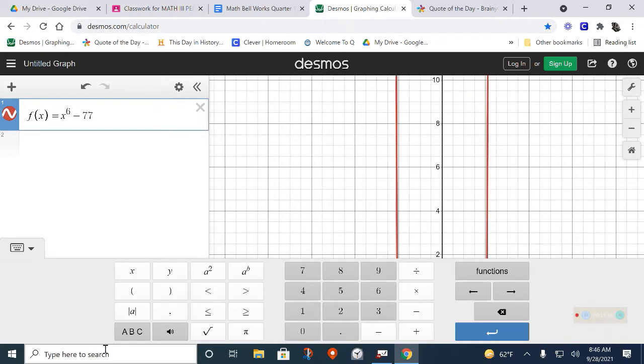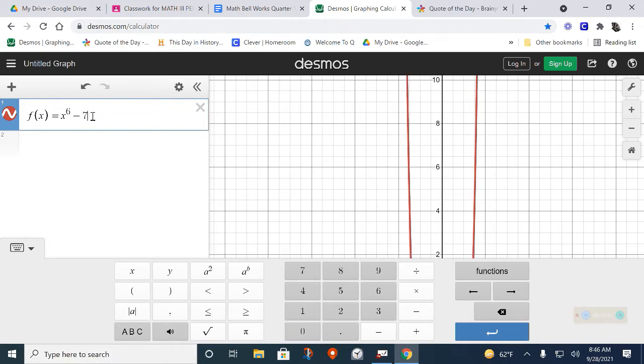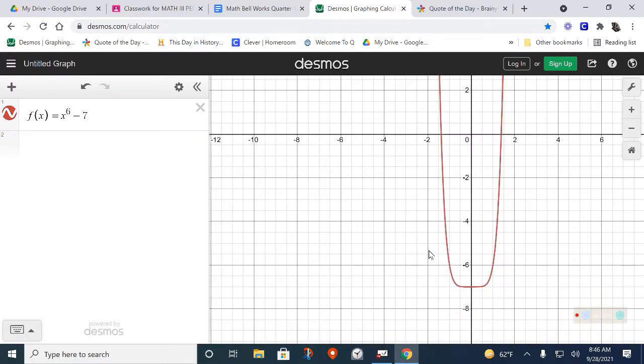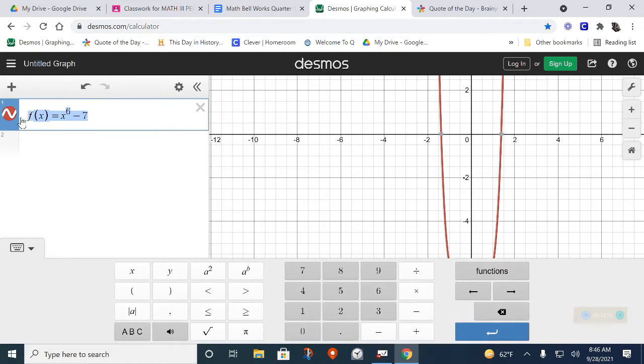There's x to the 6 minus 7. Now let me do g of x. I'm going to copy and paste this, but make it g of x. I'm going to put this minus 2.